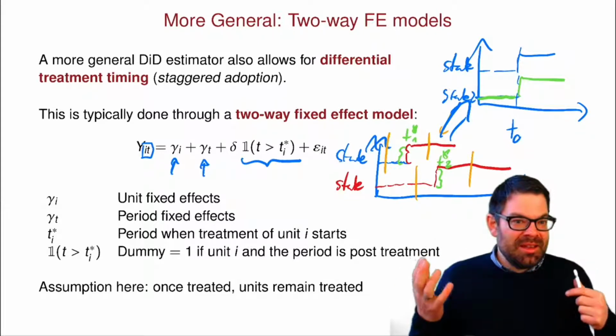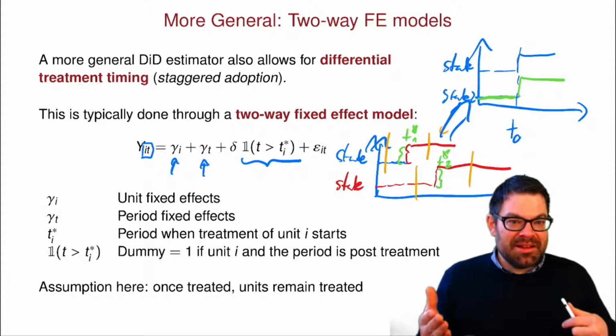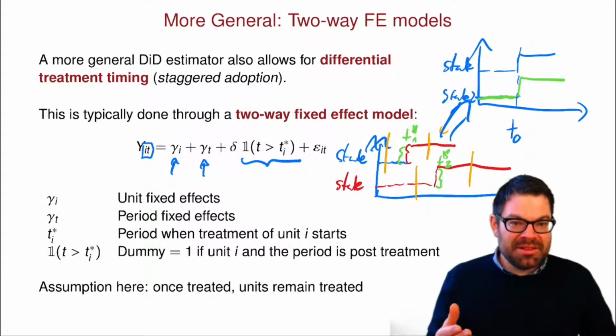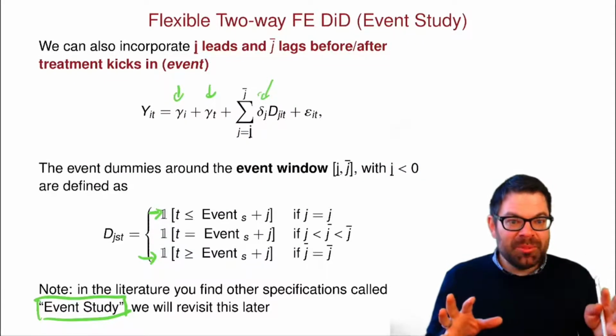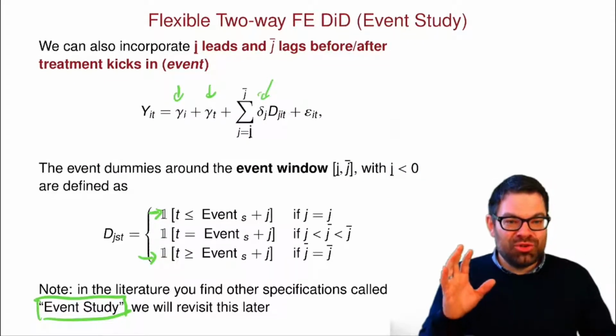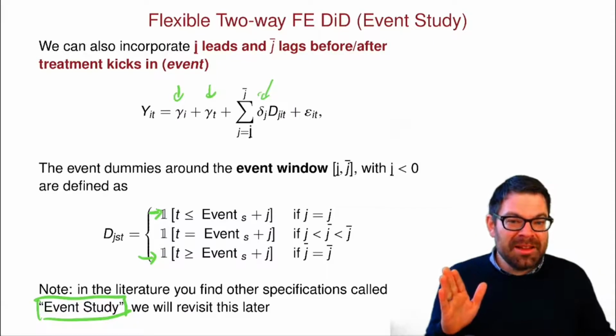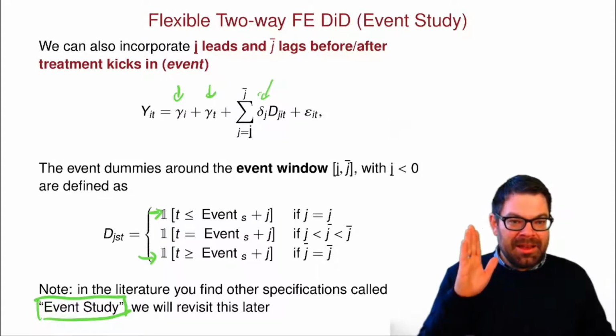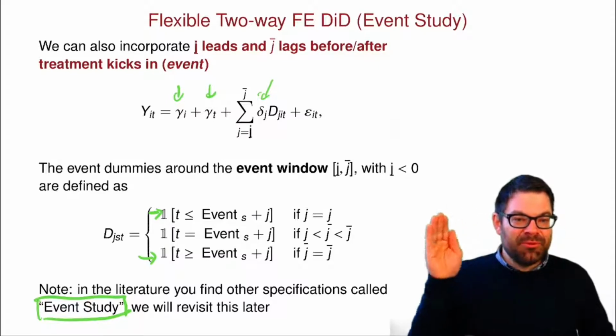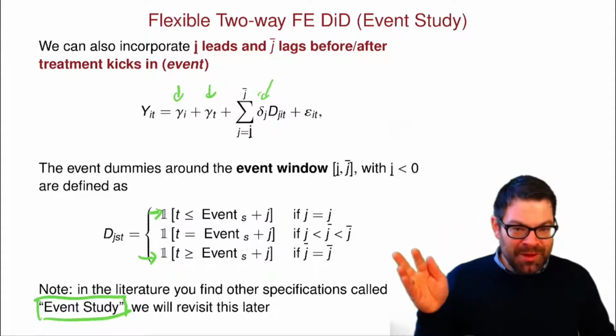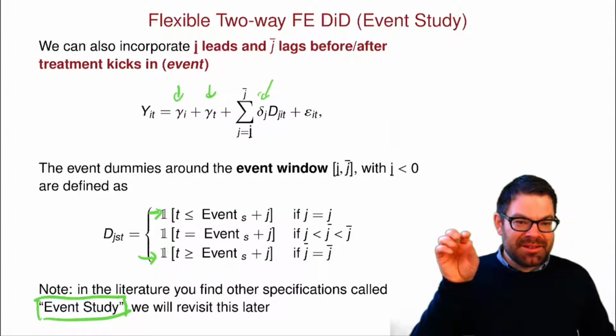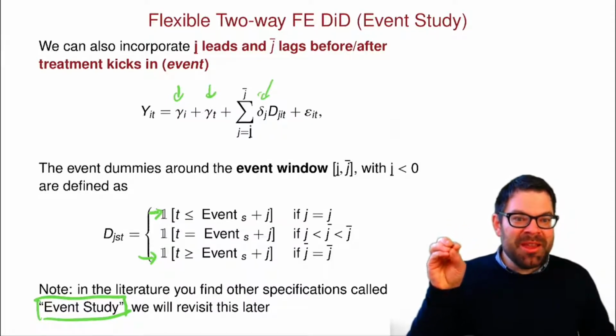Or should we actually keep them in the data set and code them in a certain way? And the clear answer here is you should keep them in the data set, and you should apply what is called binning, whereby any data point that lies before the event window is coded with one dummy.